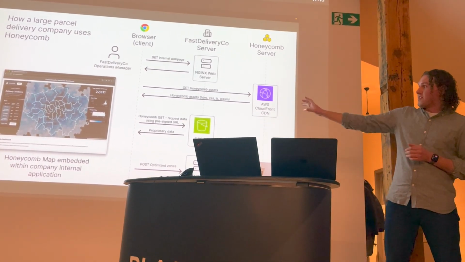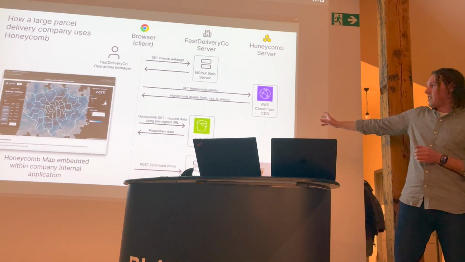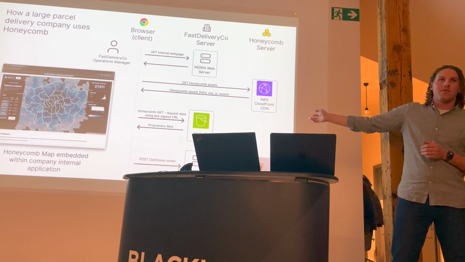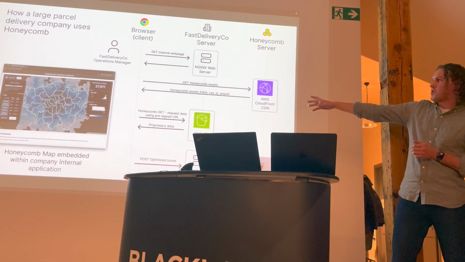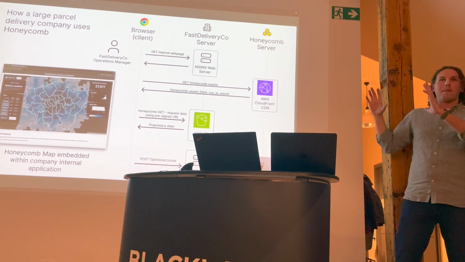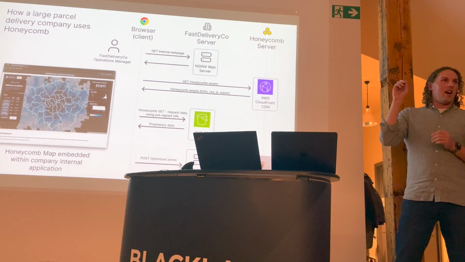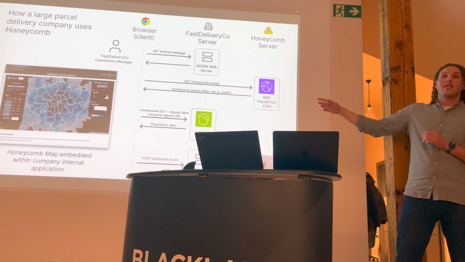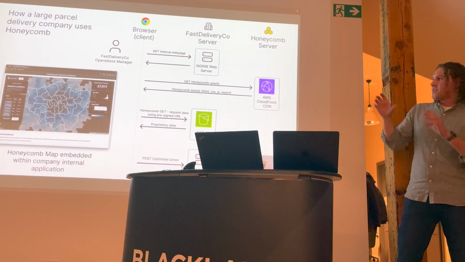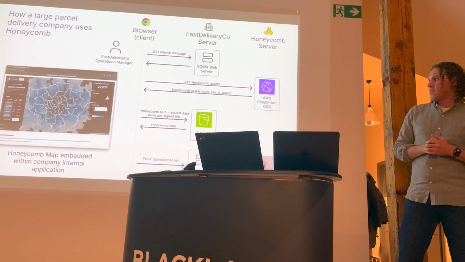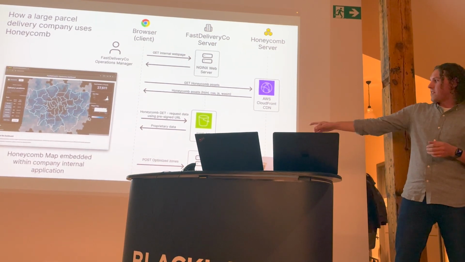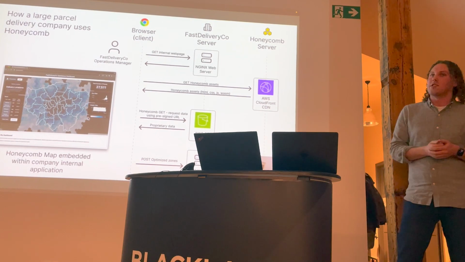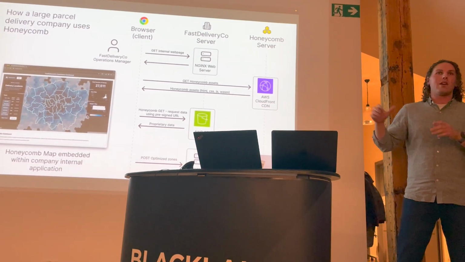Then Honeycomb itself is requesting data from their S3 bucket using a pre-signed URL. At this point, the operations manager can see a heat map of all of their upcoming deliveries. They can draw delivery areas and then see how many packages and the weight in each area. And then once they've finished creating these different areas, they can save them, and that data is sent back to this company's operational tools to go out and create routes for the next day.